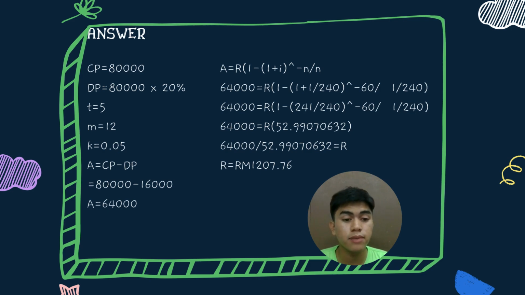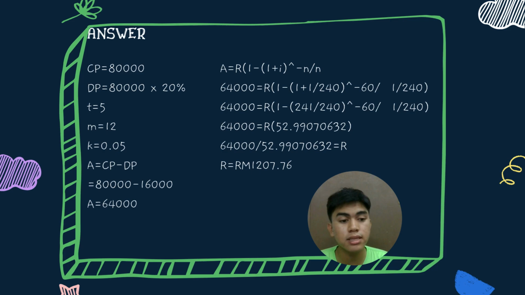First step, we will write 64,000 equal to R open bracket 1 minus open smaller bracket 1 plus 1 divided by 240 close smaller bracket power of negative 60 close bracket divided by 1 over 240. First, we will calculate the question in the smaller bracket.